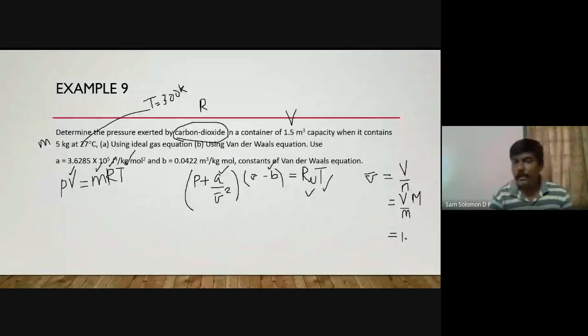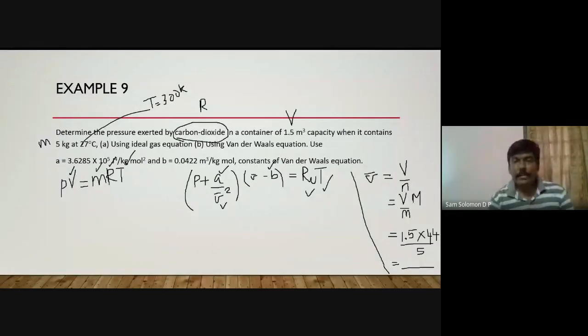Volume is 1.5, molecular mass of carbon dioxide is 44, and the mass happens to be 5 kilograms. So now you will get V bar in meter cube per kilomole. So now you know the value of V bar also.